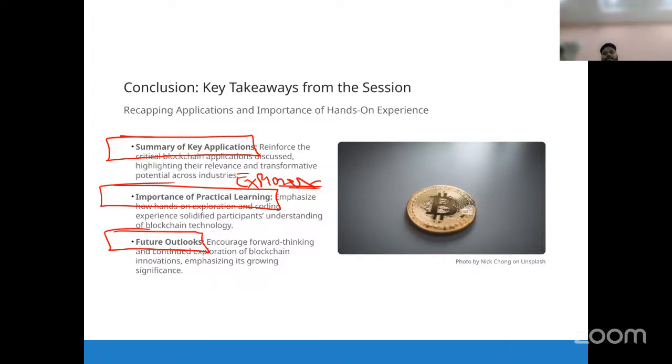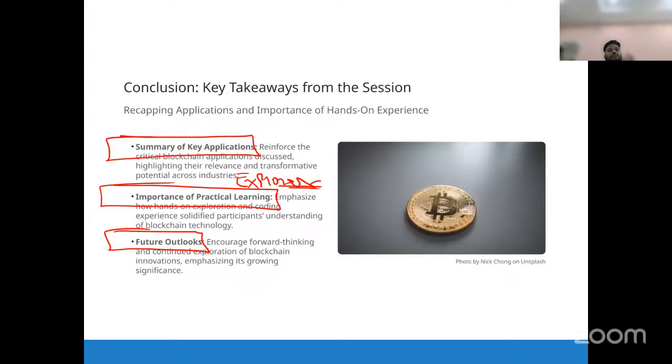As I said, we encouraged all the participants to keep thinking. I made it as interactive as possible, so that you can understand how blockchain is evolving, how it is growing, how it is becoming more important in the future. You need to explore new ideas and innovations to make sure blockchain keeps moving forward.